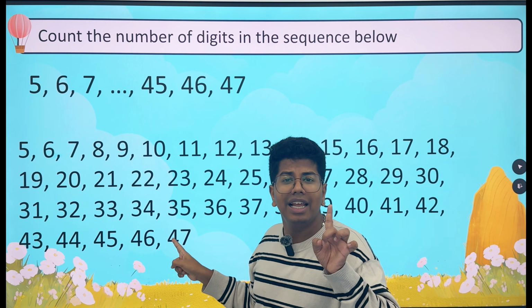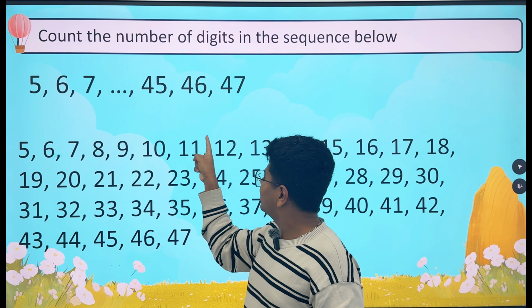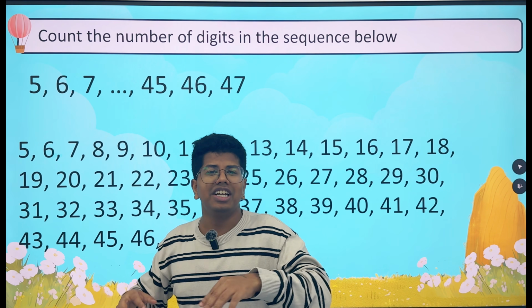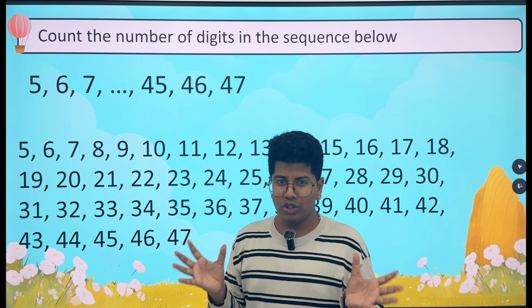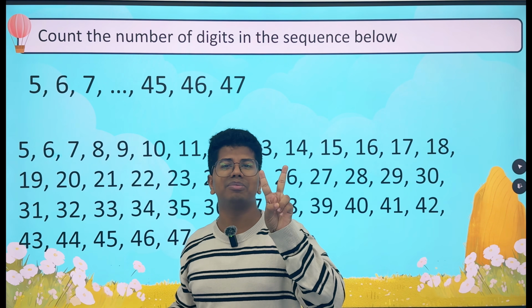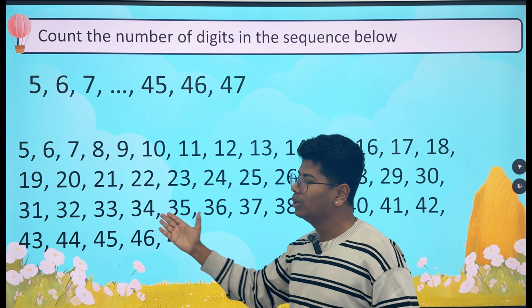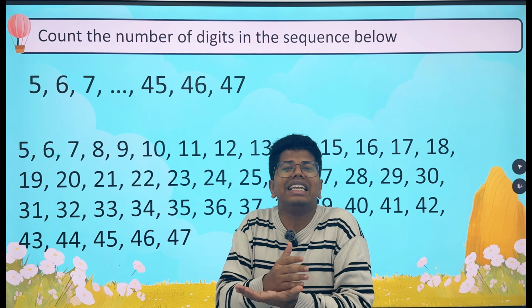Every number till 47 has 2 digits. So if I consider that every number has 2 digits, we can finally think about getting the answer. So, this entire sequence is made up of 2 types of numbers, 1 digit numbers and 2 digit numbers. So, let's just solve it by discussing it in cases.